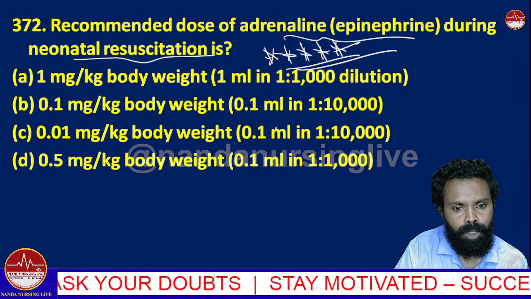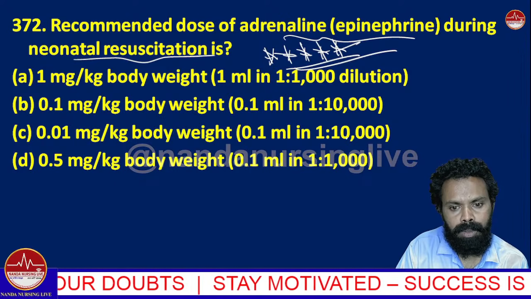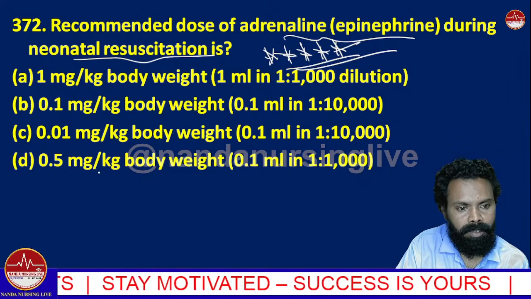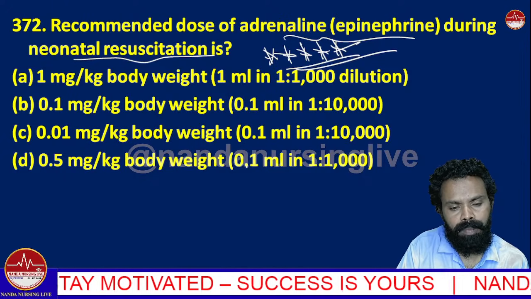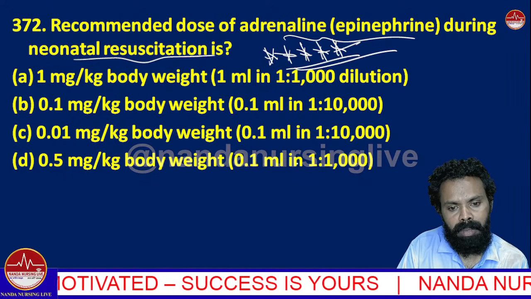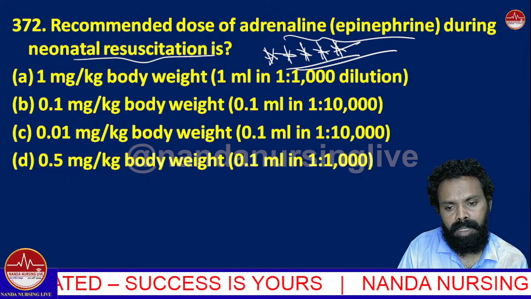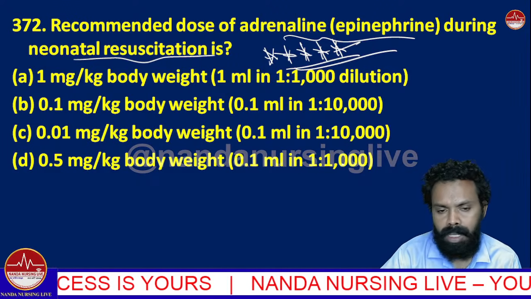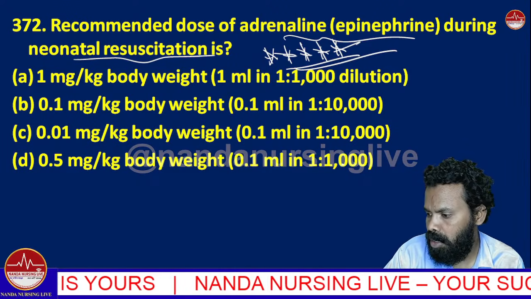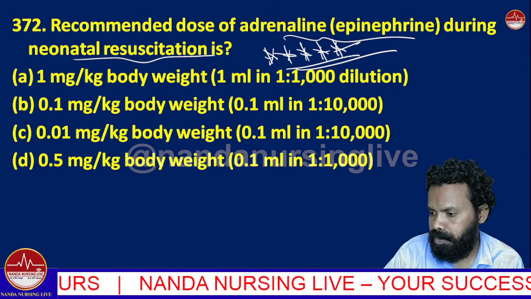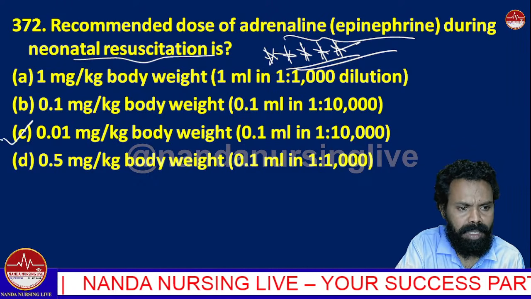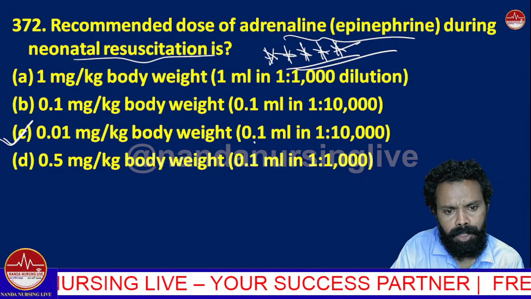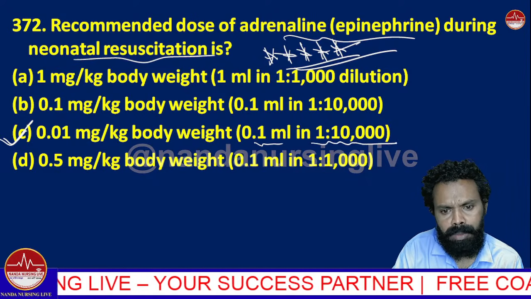Option D 0.5 milligram per kg, that is 0.1 ml in 1 is to 1000. The correct answer is option C, 0.01 milligram per kg body weight and 0.1 ml in 1 is to 10,000.